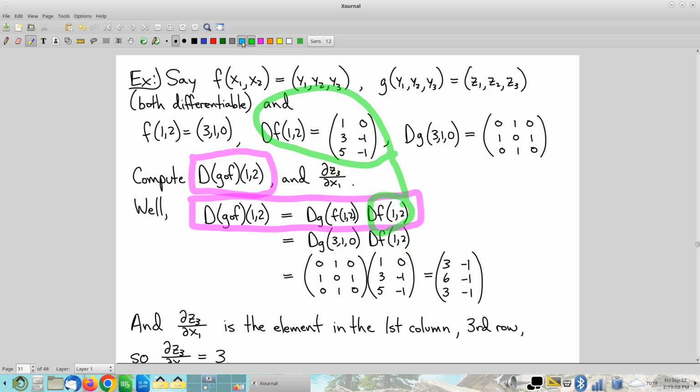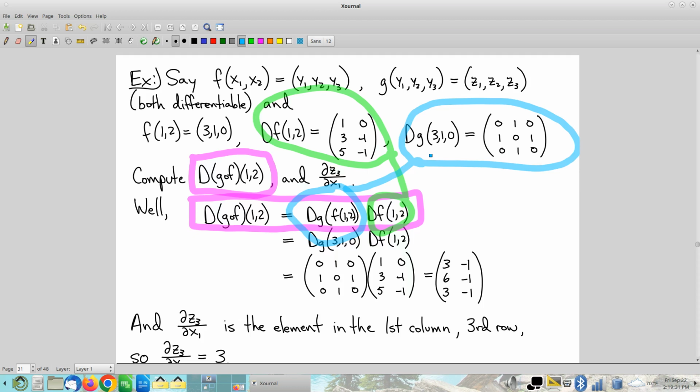Next, I need to know where is going to be the derivative of g, but evaluated at the point f of 1, 2. Okay, well, here's a derivative of g, but this derivative of g is evaluated at the point 3, 1, 0. Is that okay?